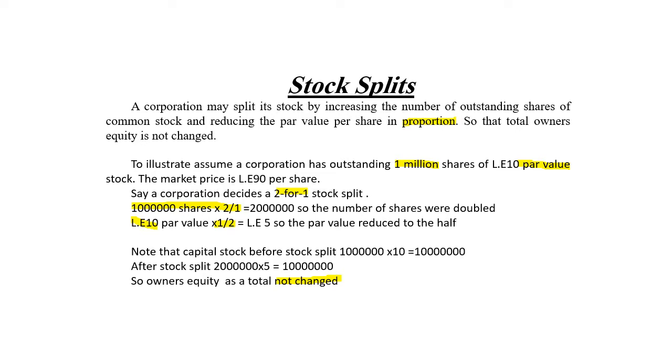If you calculate the capital, in both cases, before the stock split and after the stock split, you'll find before the stock split, it's 1 million times 10. So it's 10 million. After the stock split, it's 2 million times 5. So it's the same 10 million. So owner's equity as a total is not changed.